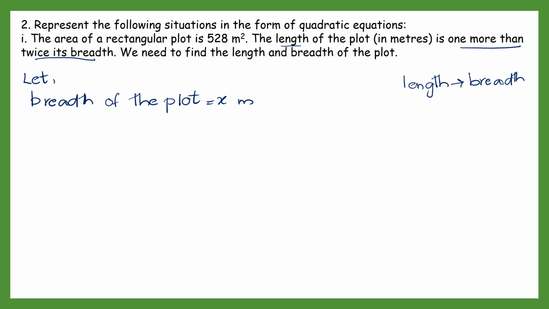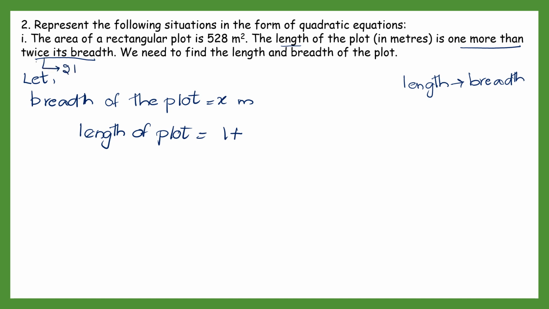Okay, and now they have given length is 1 more than twice its breadth. So length of the plot will be what? Length of plot is 1 more than, that means 1 plus, more means plus, twice its breadth. Twice means what? 2 times.